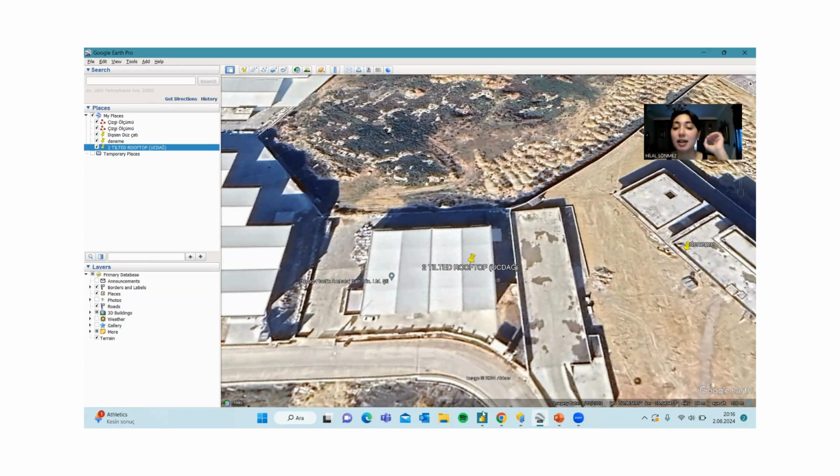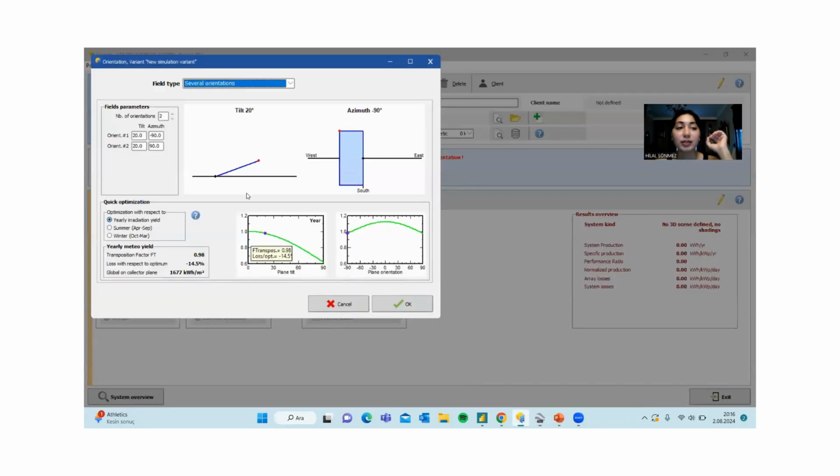And when we open PVsyst for the number of orientations, since we are dealing with two sides of the roof, and we have two different angles, two different tilts, we will say the number of orientations, the number of tilts, will be 2.